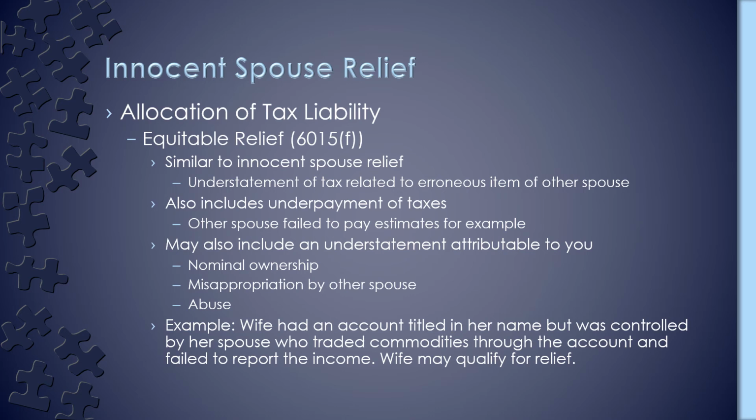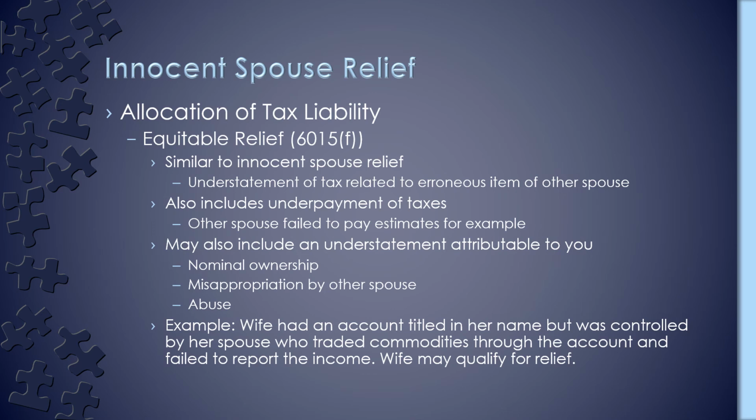Now, in innocent spouse relief, you can only be relieved of something that is related to the other spouse. But there are circumstances in equitable relief where you might also be able to get relief from a deficiency that's related to you. So let's say you have an asset where you have nominal ownership, meaning your name's on the title or on the account, but you yourself don't have any control, maybe even knowledge of it.